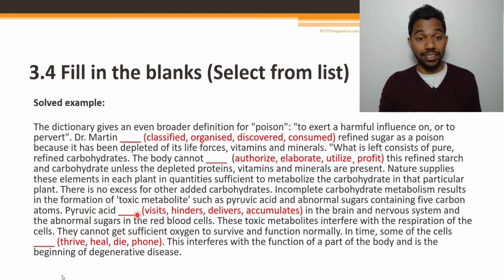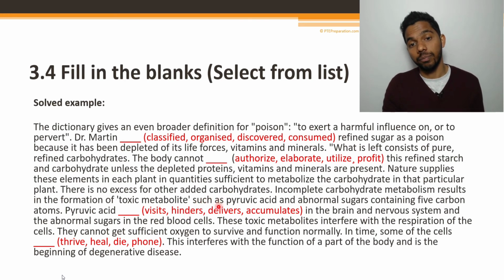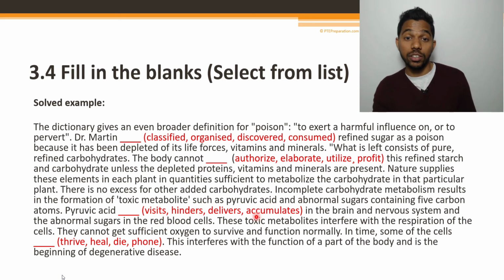So pyruvic acid blank in the brain and nervous system, and the abnormal sugars in the red blood cells. So it could be visits in the brain, which could be possible, hinders in the brain, delivers in the brain, accumulates in the brain. So accumulates sounds to be the better option.